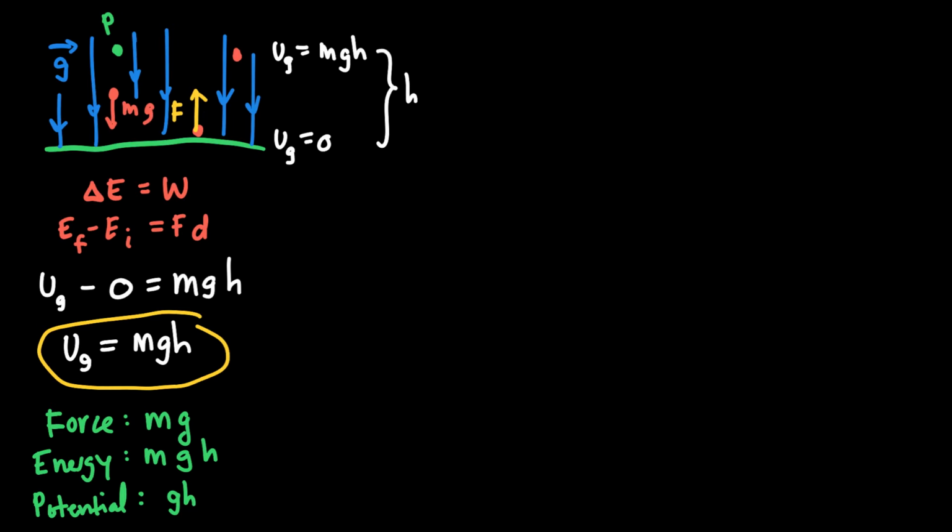On Earth, we have a very real-life example of a gravitational field, but in order to get a uniform electric field, the example I'm going to use is a couple of parallel plates.